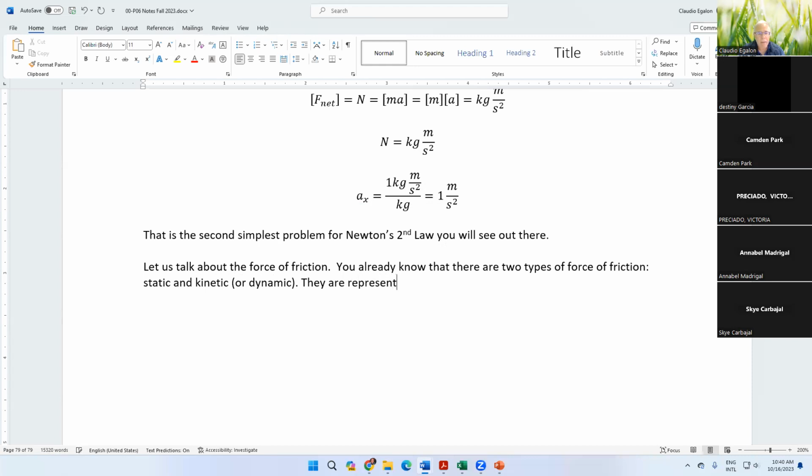Represented by F static and F kinetic. I'm going to elaborate on that. There are more things that you have to know about the force of friction. Let us start with the force of static friction.